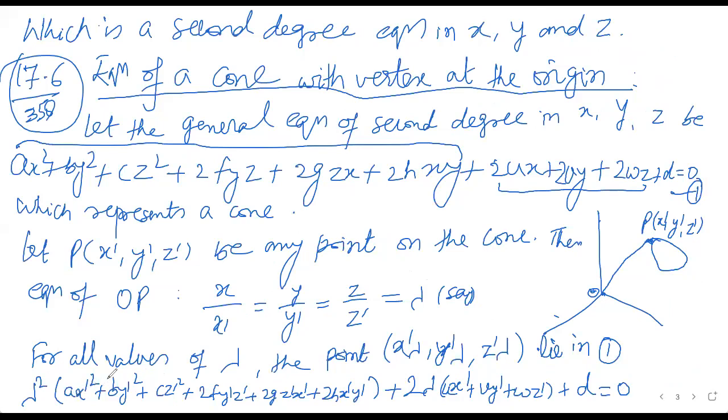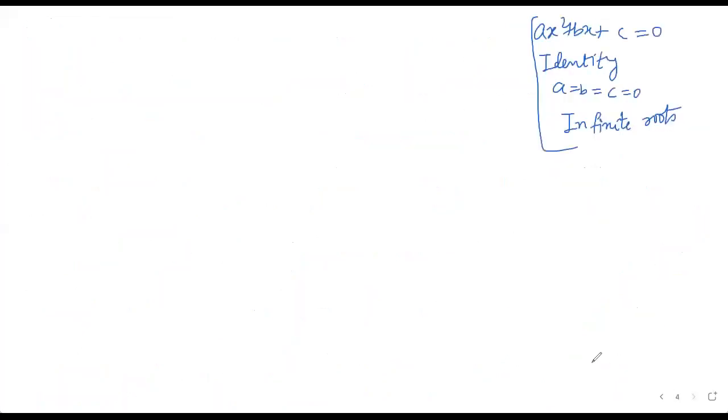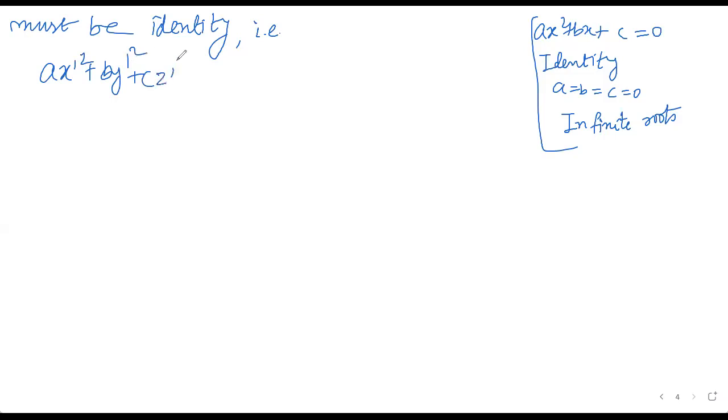So you will have to take the coefficients. Here, in place of a there is the coefficient of lambda square, in place of b the coefficient of lambda, and this c. So this must be an identity. That means if it is an identity, its coefficients should be 0. So what is the coefficient of lambda square? It is a x dash square plus b y dash square plus c z dash square.